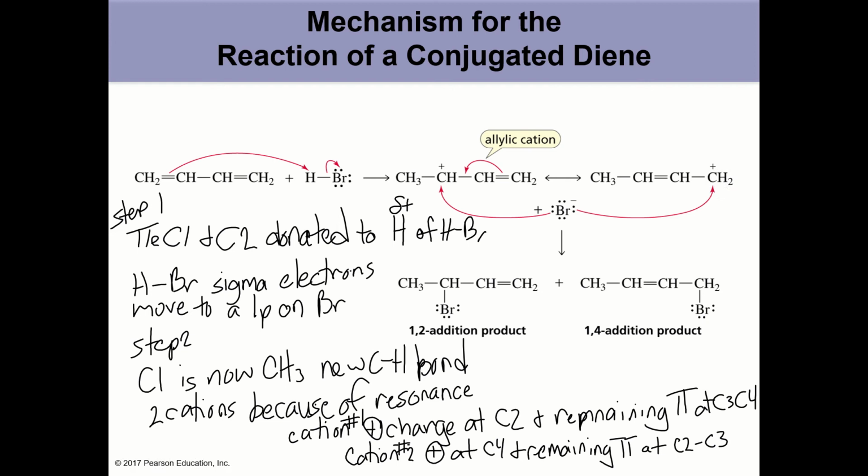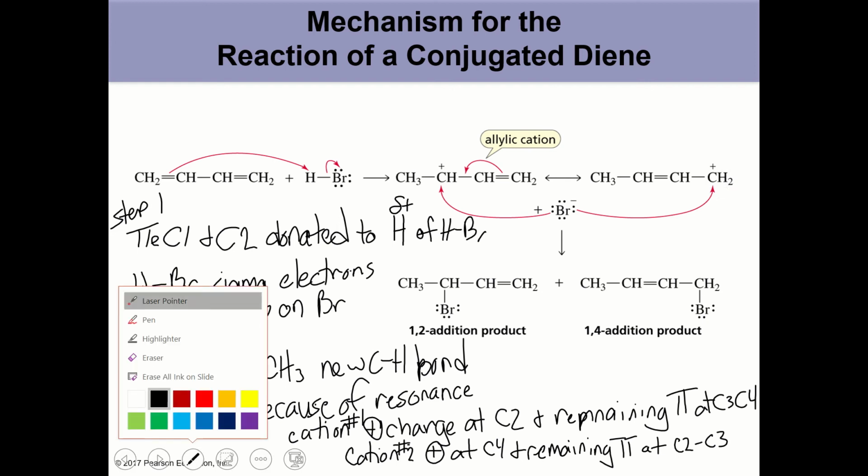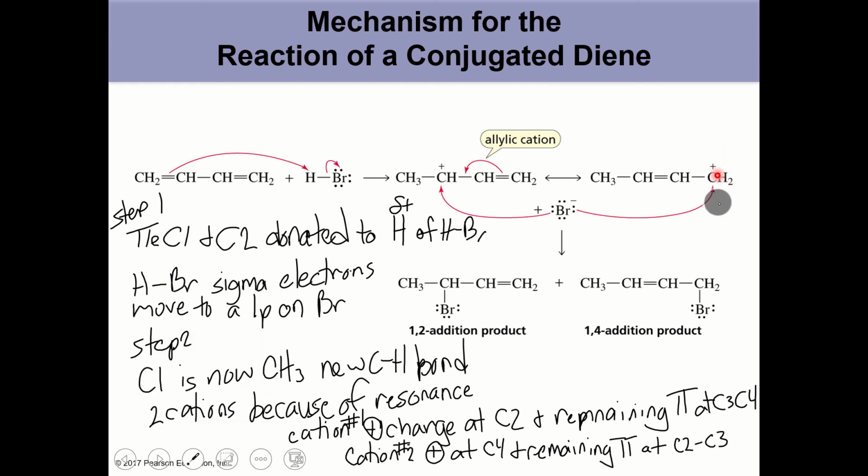Okay, so having a positive charge at carbon 4 or carbon 2, some of the cations exist with the positive charge at carbon 2, and some of the cations exist with the positive charge at carbon 4.